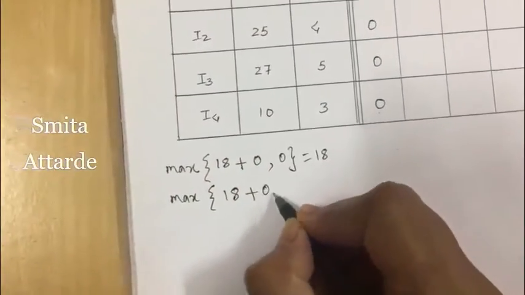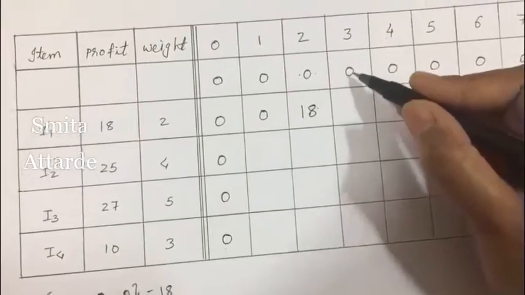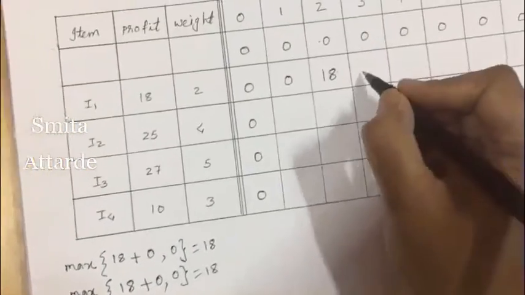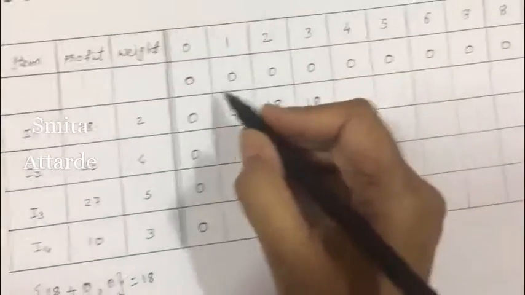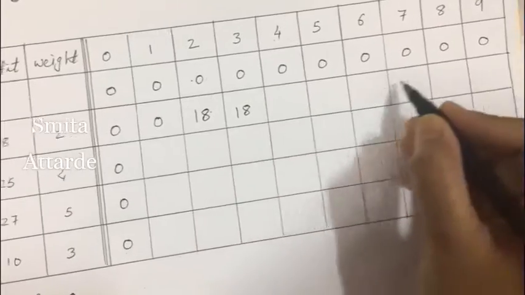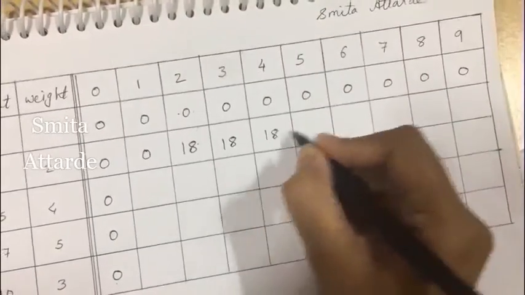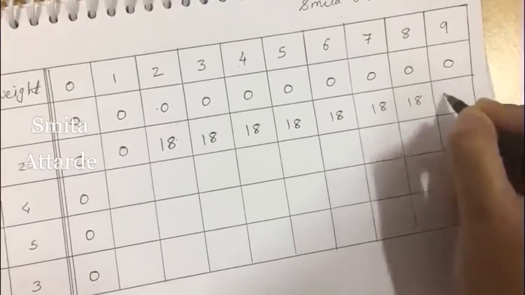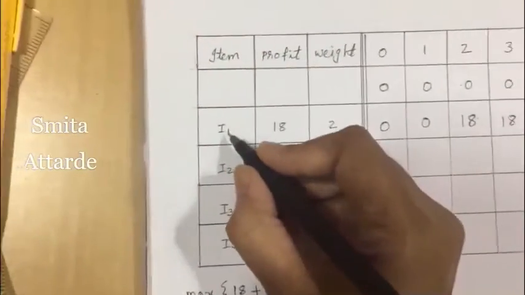So 18 plus 0 and the one row above value is 0. So 18. Now as you can see here, the previous entire row is 0. So automatically you will get all these values as 18. 18 is nothing but the profit obtained by this current item I1.